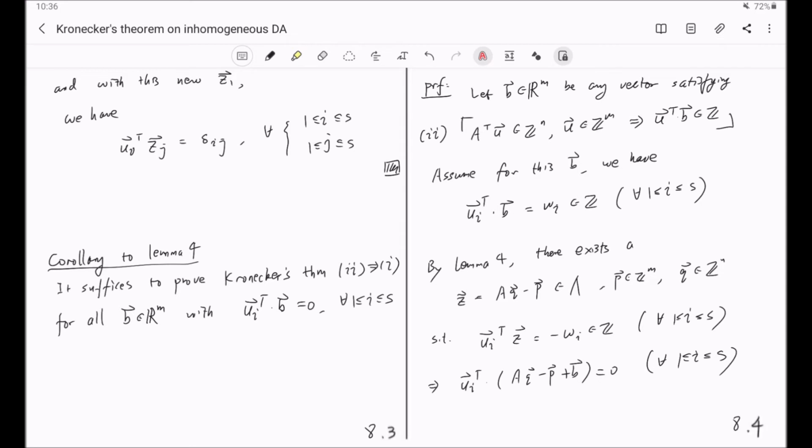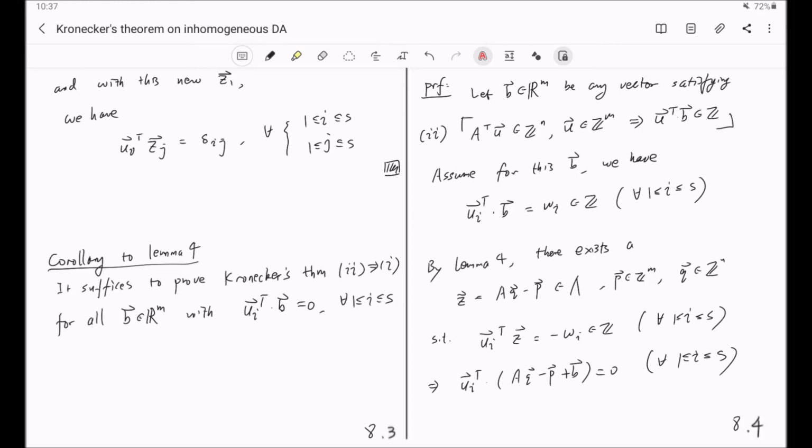And now I believe you know what we are doing now. What we are doing is that we start with an arbitrary b, any vector that satisfies this second statement of the Kronecker's theorem.